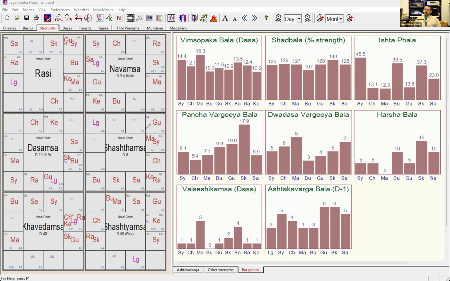That's it. Very simple. Now, if you take D6, what are you seeing? Health related problems we are seeing. So, Lagna becomes the head. You go from here, head. Next is neck, face. Then it is chest. Then this is the digestive system.